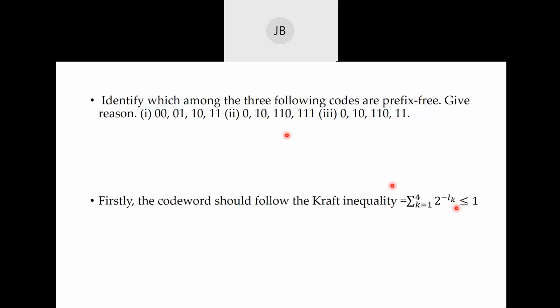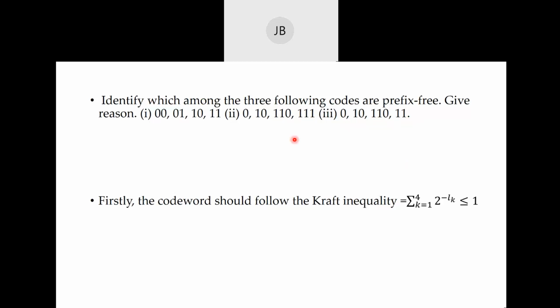For the second one, we need to substitute for the length lk. Here, 0 has length 1, so it is 2 power minus 1 plus 2 power minus 2 plus 2 power minus 3 plus 2 power minus 3. Altogether, when you sum up, it should be less than or equal to 1. Similarly, for the third one, 2 power minus 1 plus 2 power minus 2 plus 2 power minus 3 plus 2 power minus 2. This way, you find out whether the code words are prefix free or not.